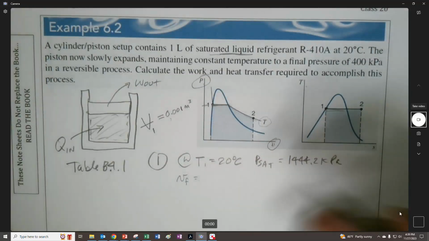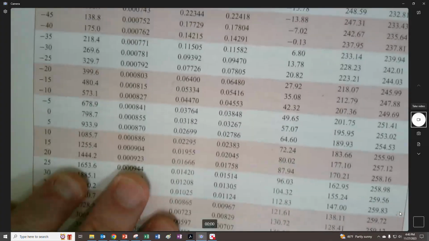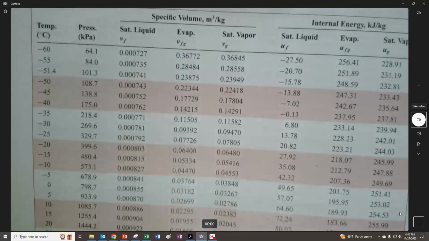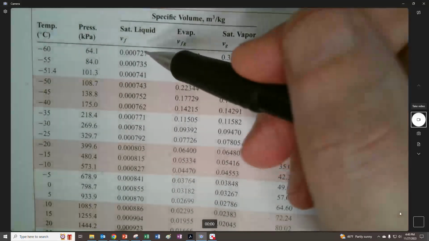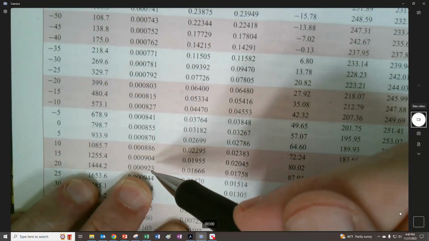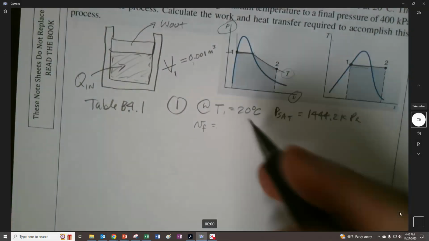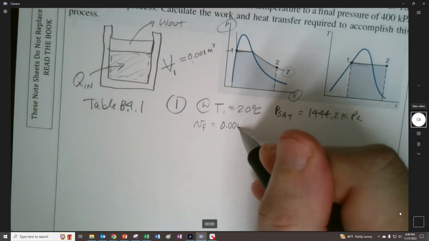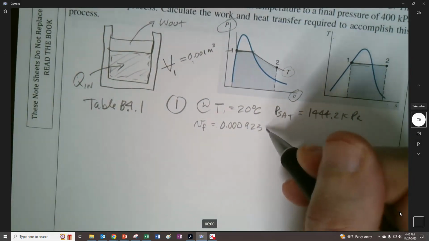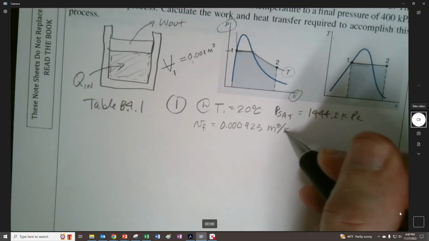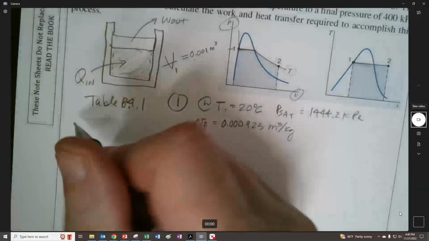So let's look up VF while we're here at 20 degrees. That should be the fluid right there. Coming down to here, it's 0.000923, so three zeros, 923. That is 0.000923 cubic meters per kilogram, and that's going to get us the mass. We could do that right away.